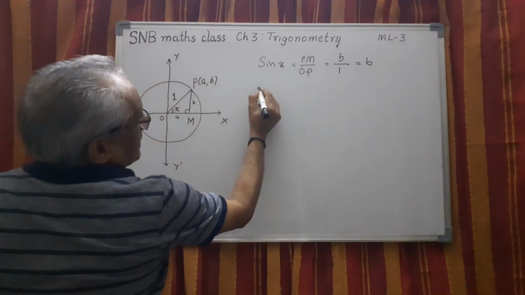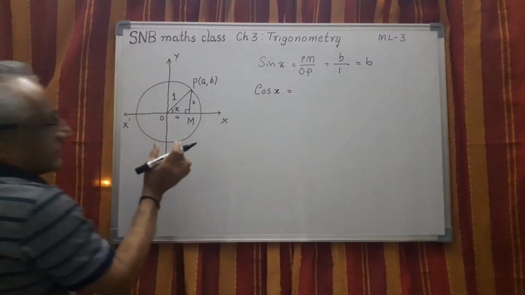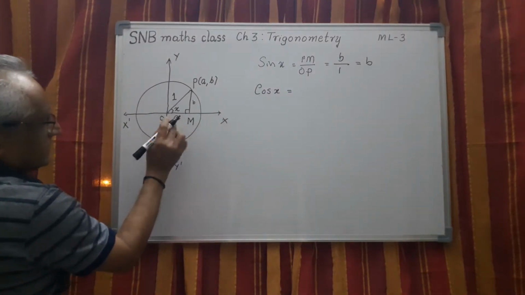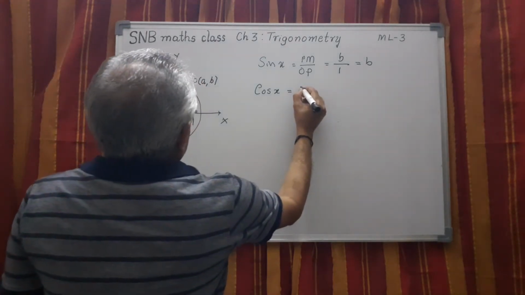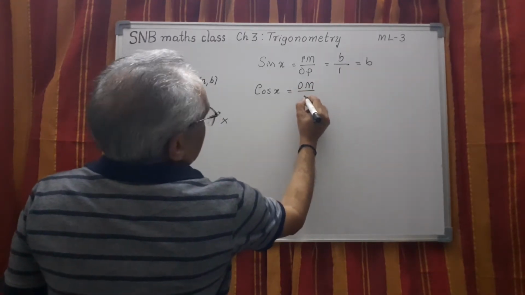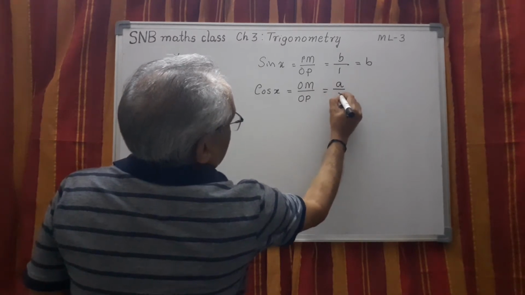Similarly, we can define cos x equal to, definition of cos x is adjacent side divided by hypotenuse. So it is OM divided by OP. So this is A divided by 1.